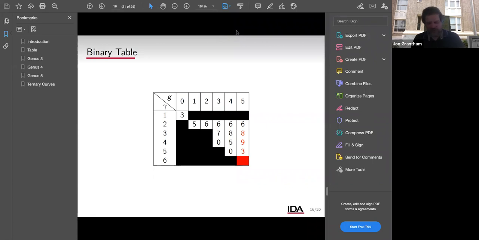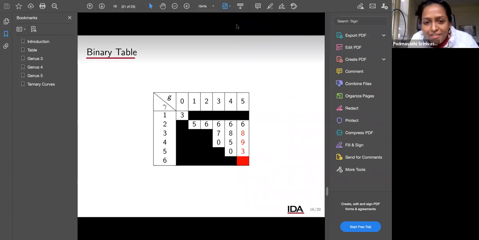I'll certainly upload the slides from this talk, and I have some shorter tables for finite fields of size 5 and 7 that I can upload too. That sounds fun, so the whole conference can give suggestions and look for patterns.